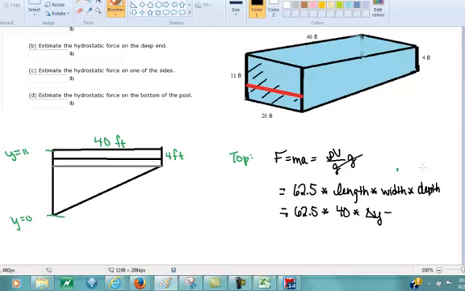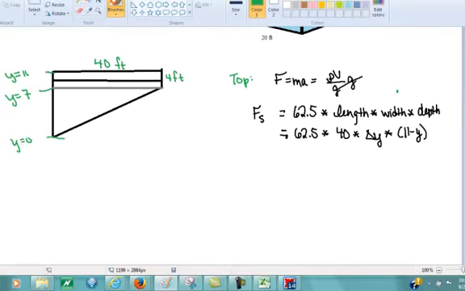And the depth is surface minus y. And the surface is 11. So the force on that strip in the top, your y's go from, well, if this is 4 down from 11, this right here is y equals 7. So when you set up your integral, your y's will just go from 7 to 11.